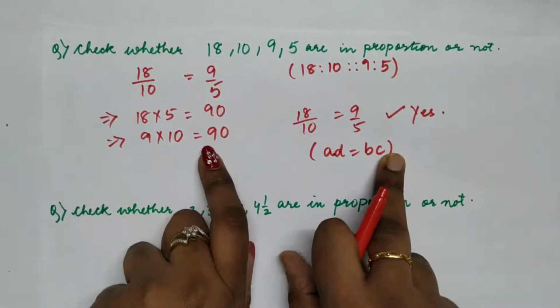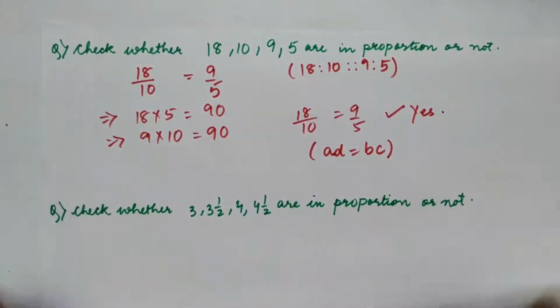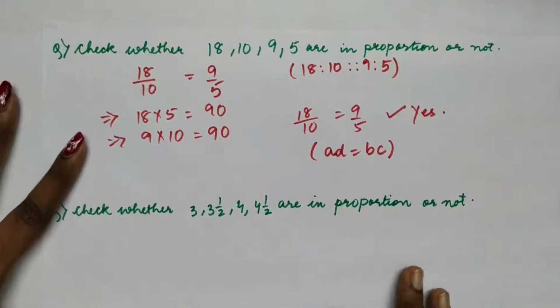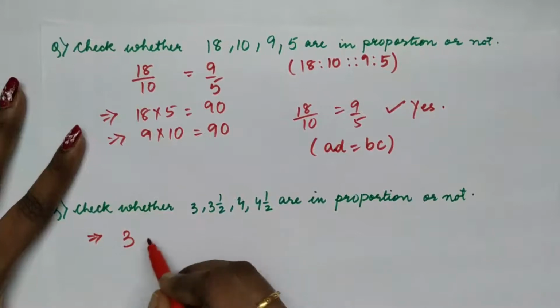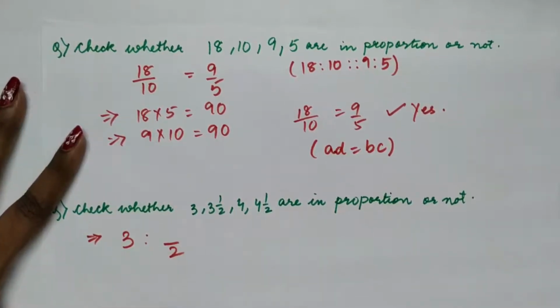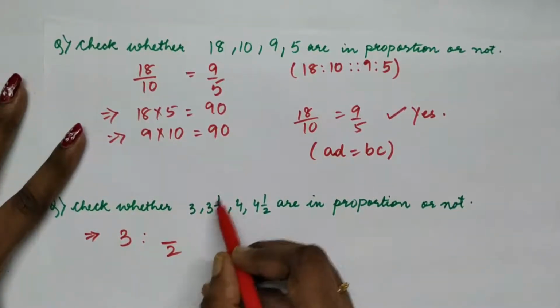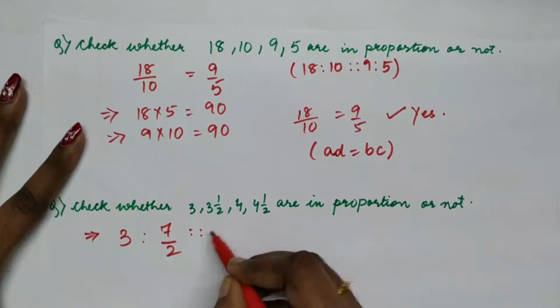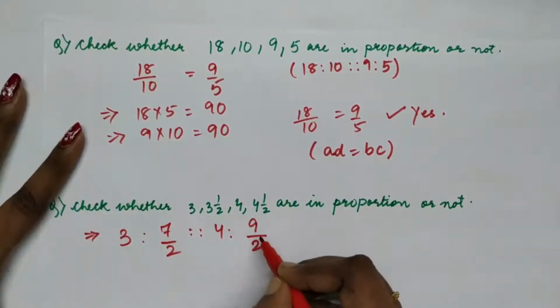Now in the following question, generally when there is a fraction, students get confused. So please don't be confused. We have to just solve it like the previous question. Before that, I am converting it into an improper fraction, that is 3 into 2, 6 plus 1, 7 by 2, colon 4 is to 9 by 2.